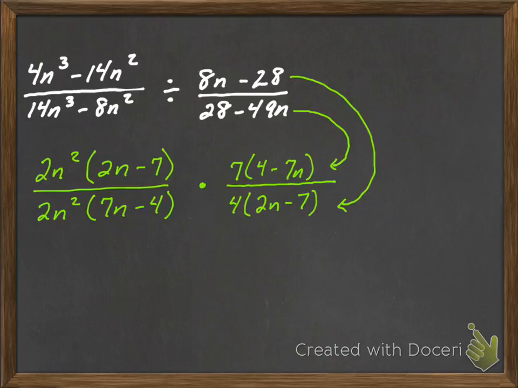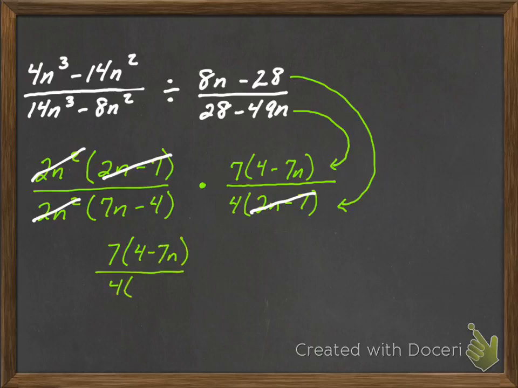Now, canceling the factors, we have 2n squared. Those will cancel out. We have a 2n minus 7 cancels with a 2n minus 7. Now, what we have left is 7 times 4 minus 7n over 4 times 7n minus 4. Now notice that these are exact opposites of each other. Whenever you have that situation, you want to factor a negative 1 out of one of them so that we can cancel those factors.